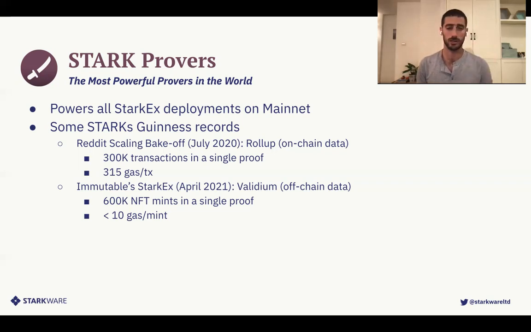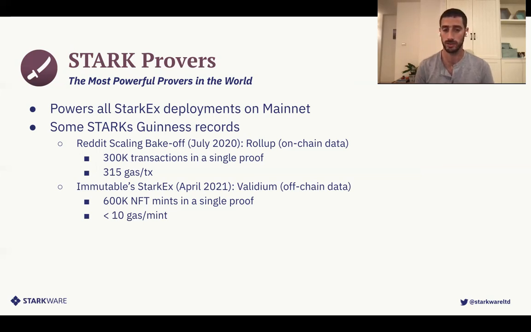So just some Stark Guinness records. The Reddit scaling bake-off, as I've said, was in July 2020. It was a rollup, meaning that the data was on chain. And there we generated proofs of 300K transactions in a single proof, which resulted in an amazing gas price per transaction of 315.